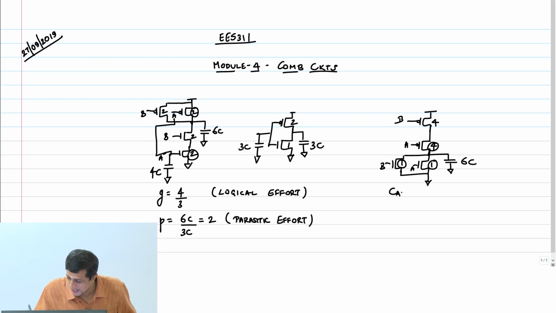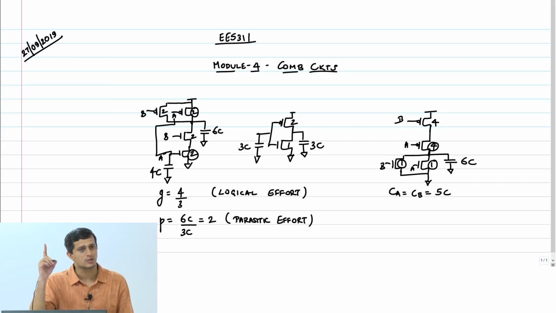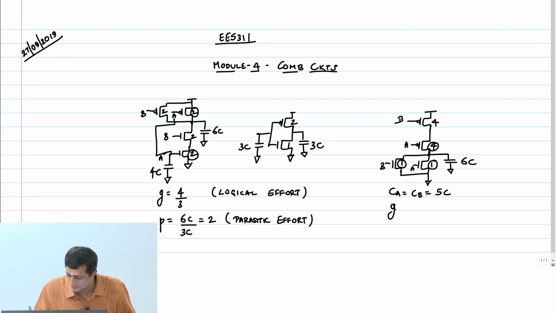Capacitance CA equal to CB equals how much? 5C. 4 coming from PMOS, 1 coming from the NMOS. So logical effort G, actually remember logical effort can be different for different inputs. In these cases they just happen to be the same.